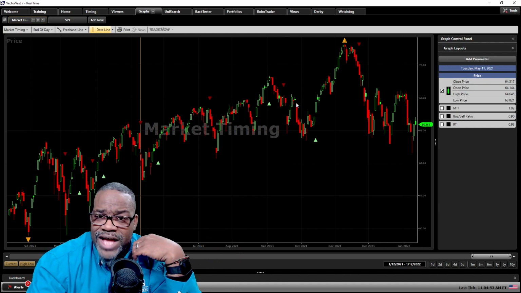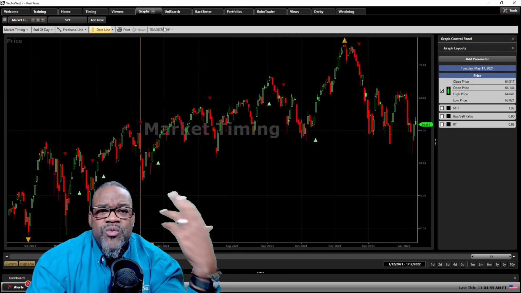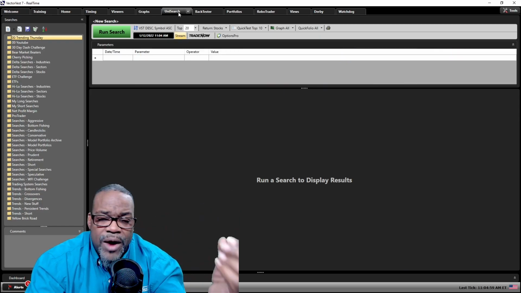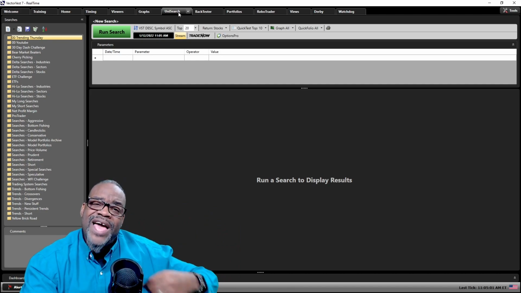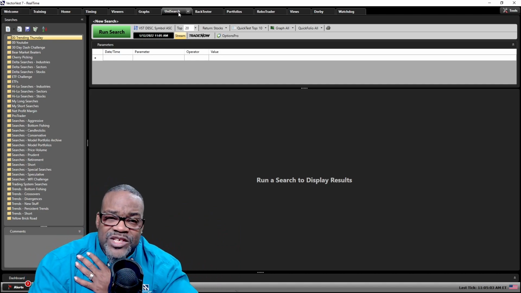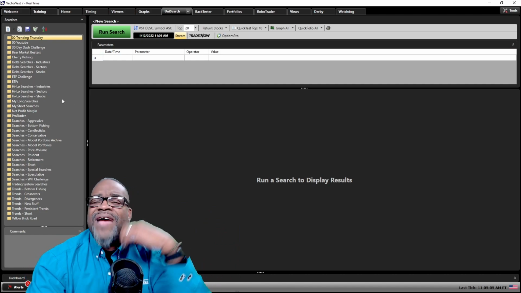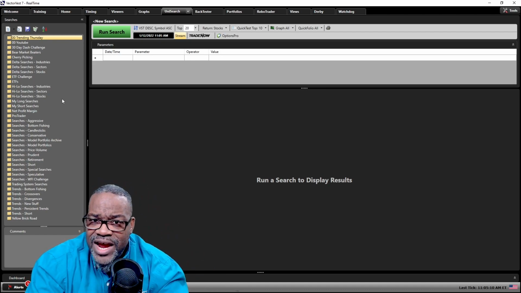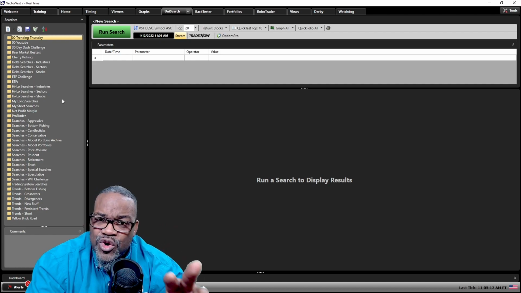Let's now address the what to buy. Now, within the VectorVest system, we have something called Unisearch. It is our searching tool to help us find the stocks that fit our investment style. Notice here, I've got two groups that you can take advantage of as a longer-term investor.